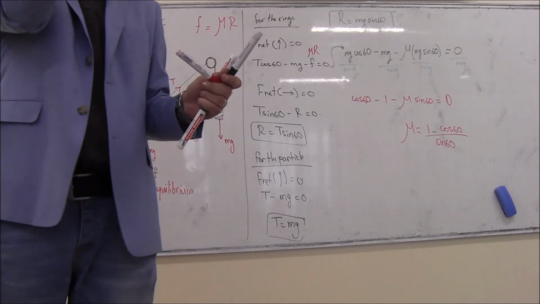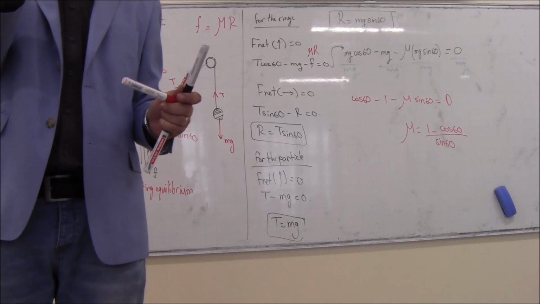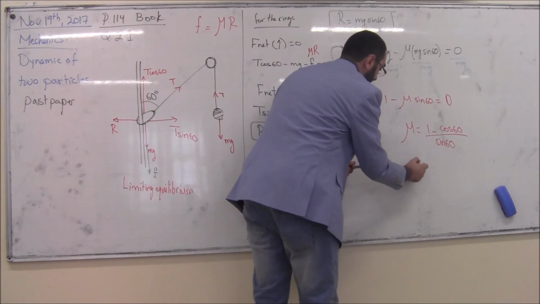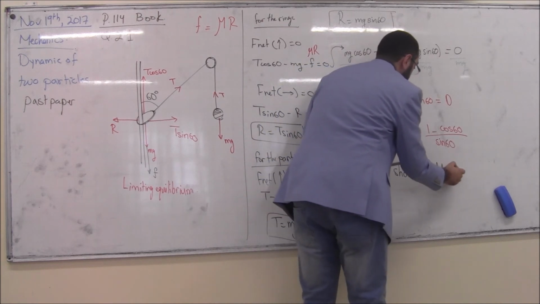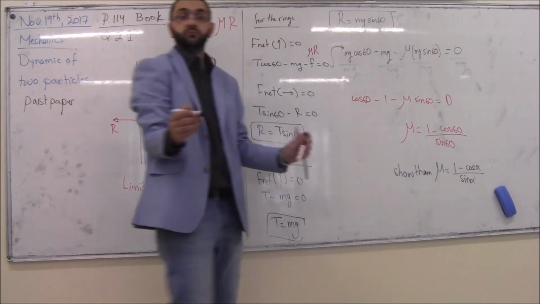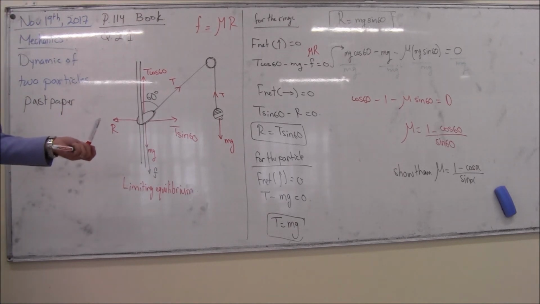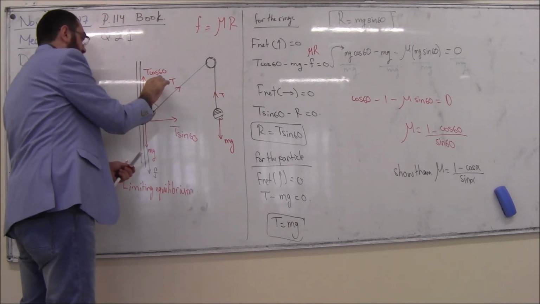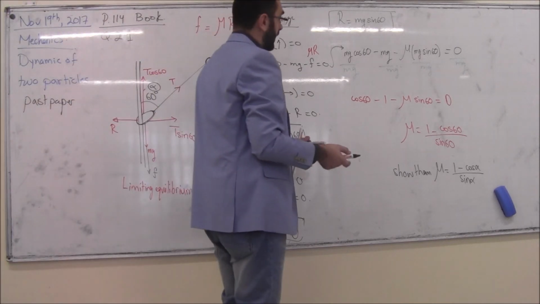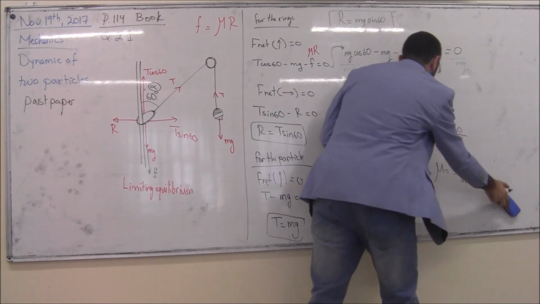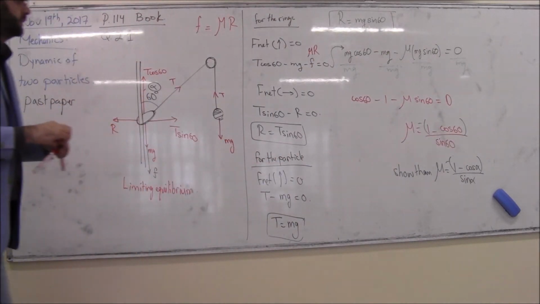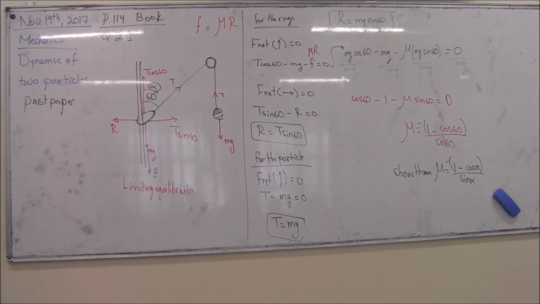Because you may have a question like: show that mu equals (1 minus cosine alpha) over sine alpha, where alpha is this angle. But written that way it is wrong, because here it is cosine 60 minus 1, so there is a minus sign. Clear? Any question about this?